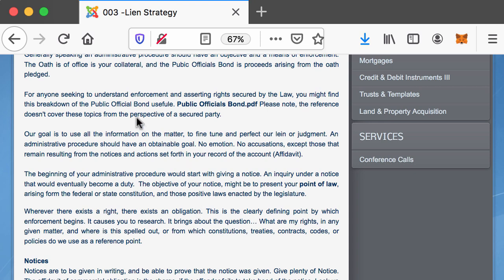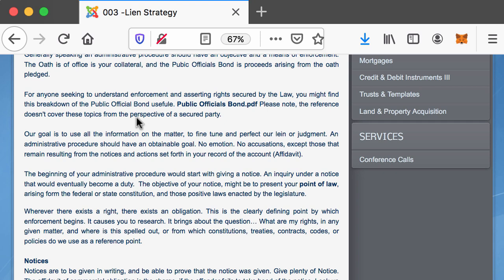Now, another thing with the notices, which you have to understand, and we're going to see so that you can delineate, especially if you're new to this, is that the notices is the part of the administrative procedure where you're still trying to get a resolution.